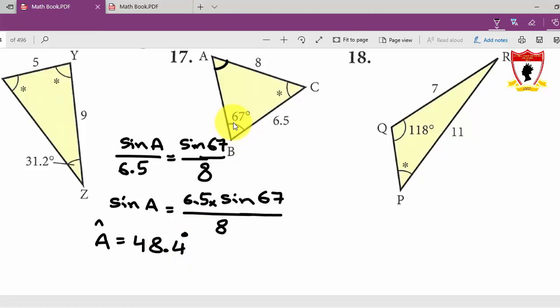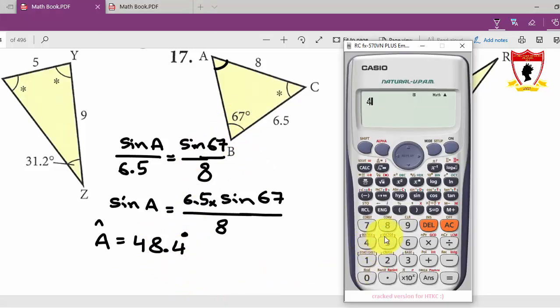48.4 plus 67, then take the result away from 180. 48.4 plus 67 is equal to this, and this result subtracted from 180 gives 64.6.